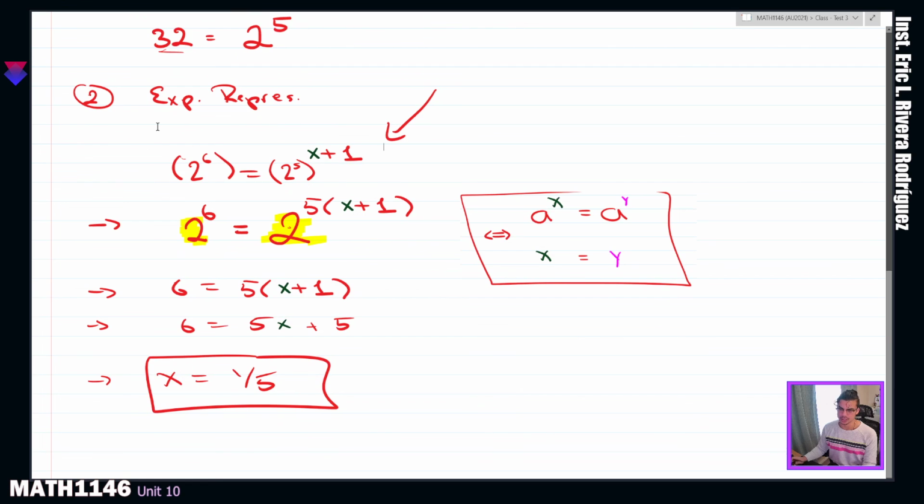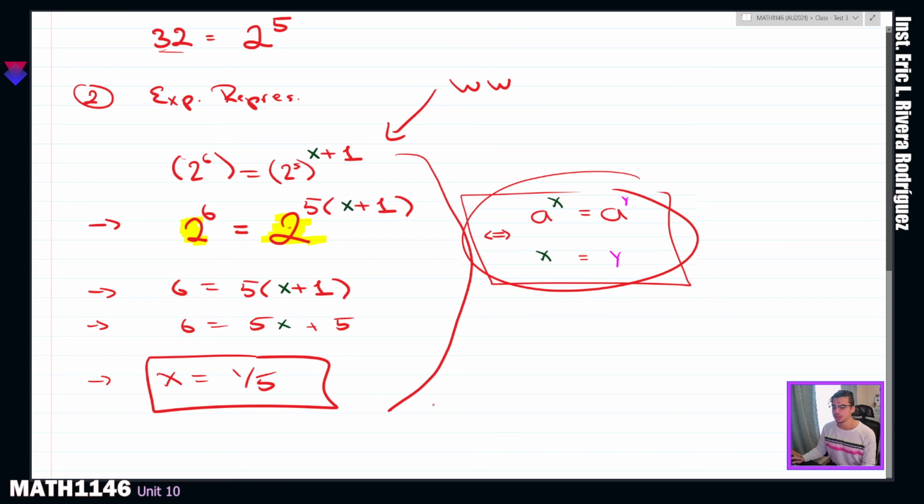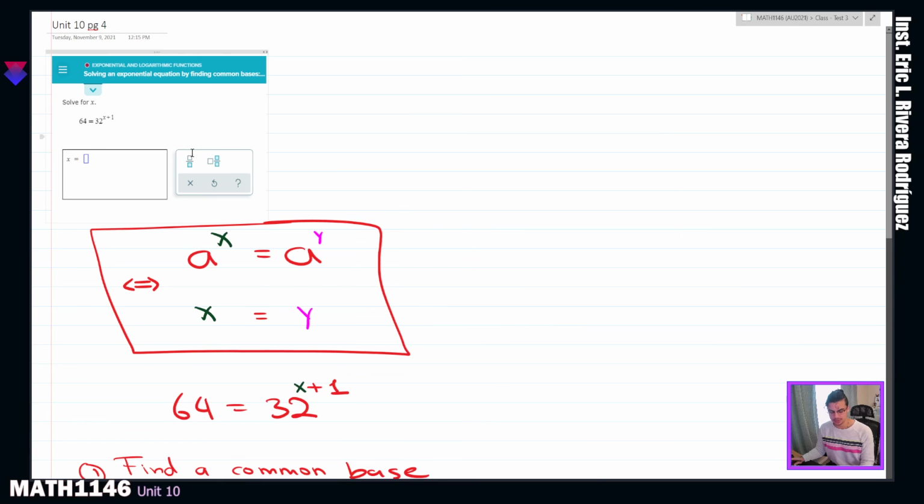The written work starts here when you change the numbers to their exponential representations. This is also not part of the written work, that's just extra. The written work is everything here. So that's how you solve these equations.